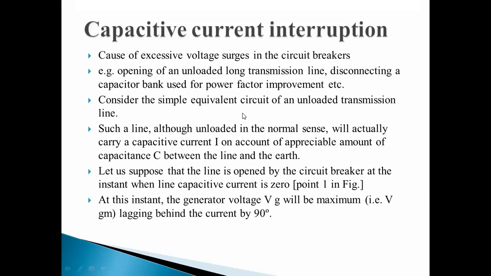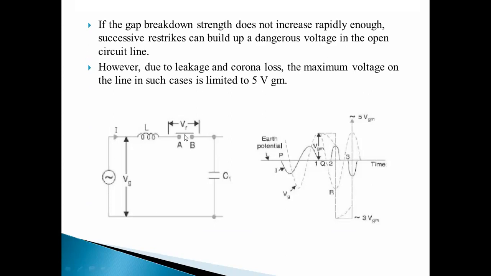Now what I told you is that up to point A your generator is supplying, and from B that line is disconnected, right? So that capacitor is charged up to the maximum voltage of this generator.